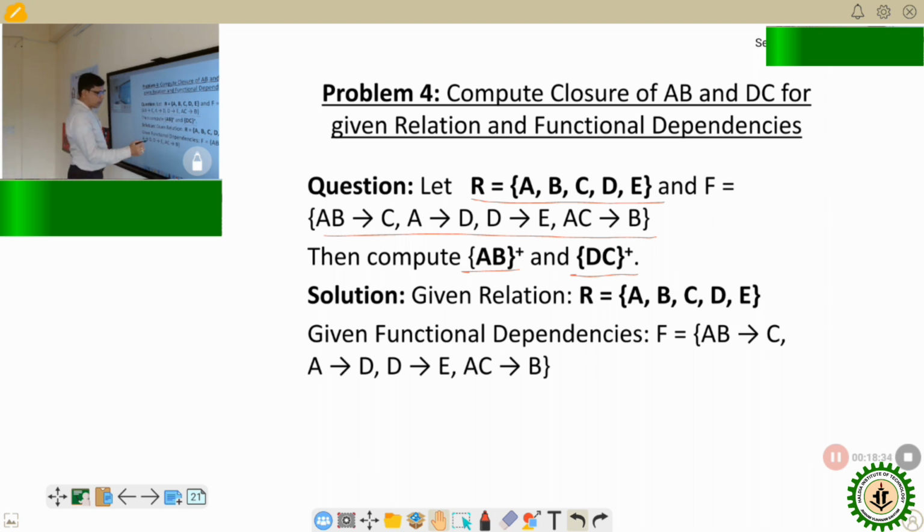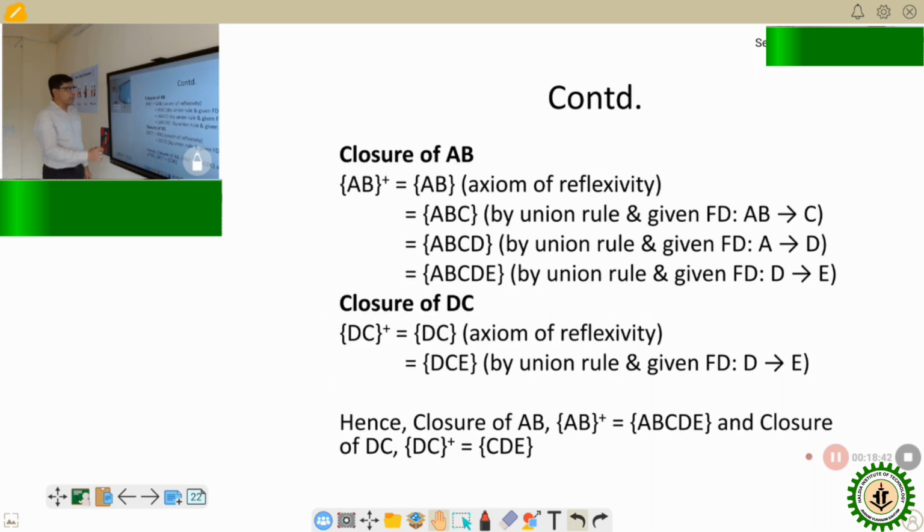The solution is, you check the functional dependencies and then find the closure of AB and the closure of DC. From AB you try to derive the other attributes.